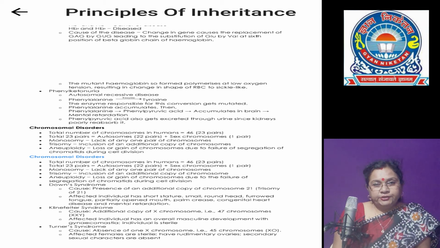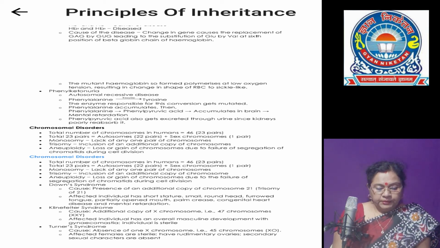Next genetic disorder is the chromosomal disorder. Chromosomal disorder is caused due to the addition, subtraction, or abnormal arrangement of one or more chromosomes. It is of two kinds.